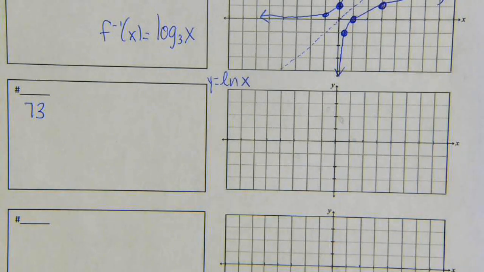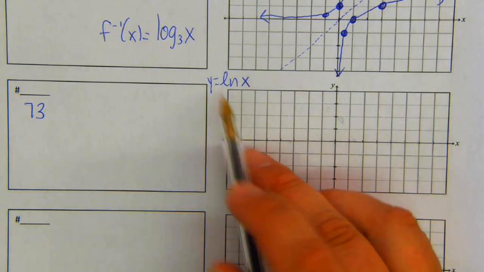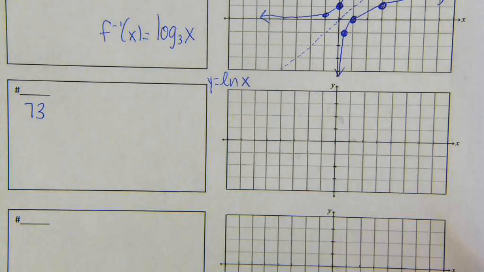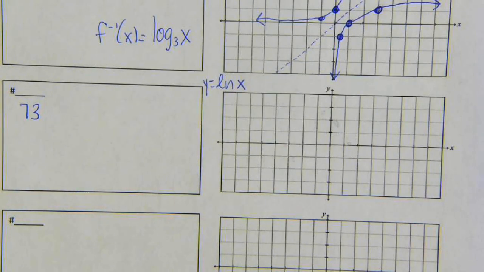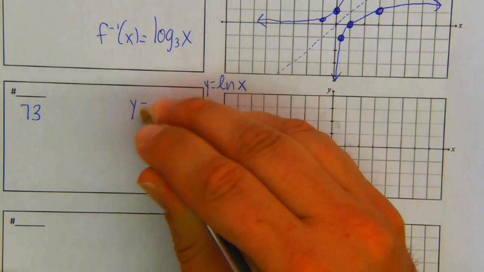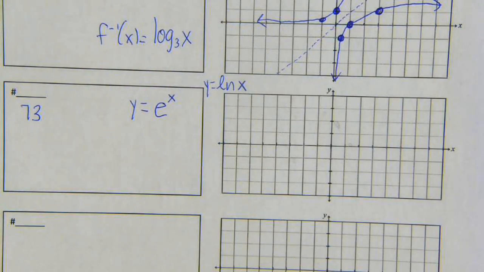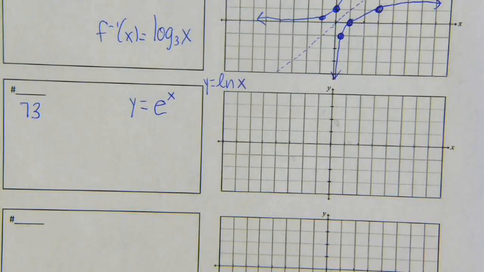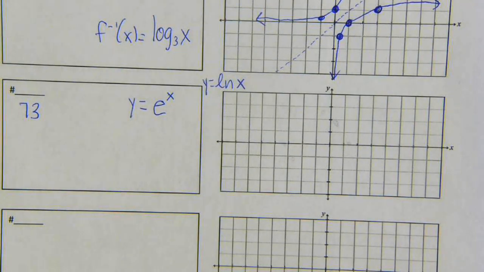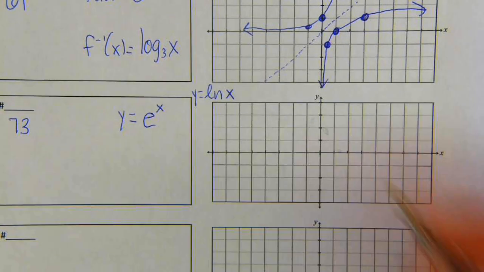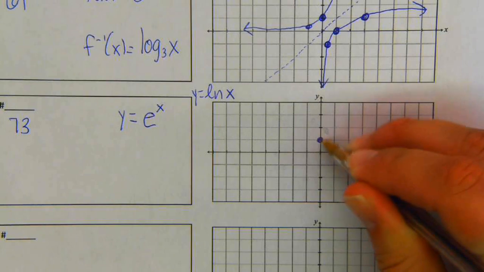Okay? And that is to remember that y equals ln x is the inverse of y equals e to the x. So, if I could graph y equals e to the x, which we did yesterday, when x is 0, y is 1.